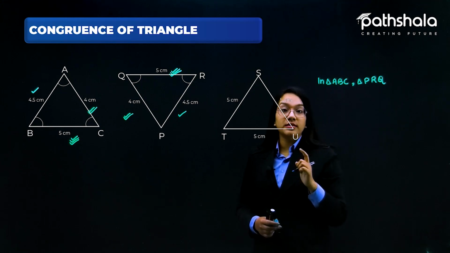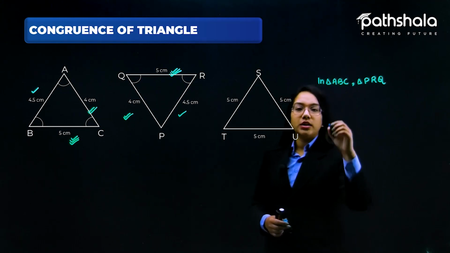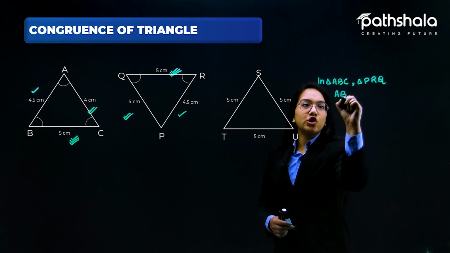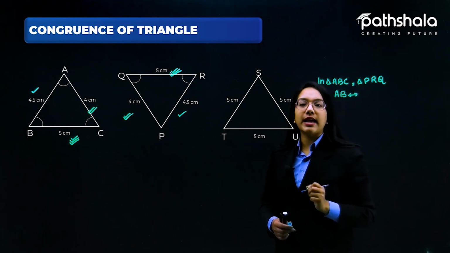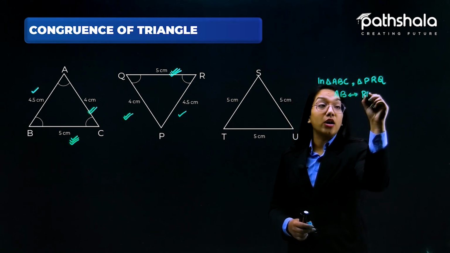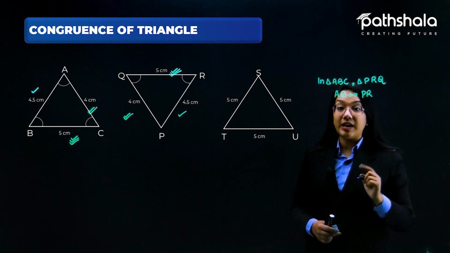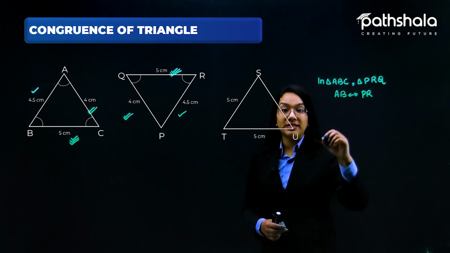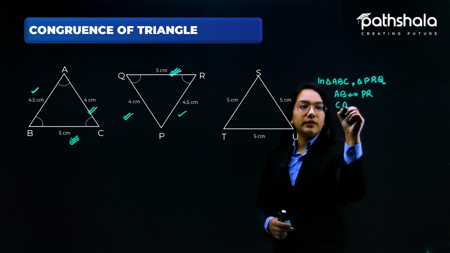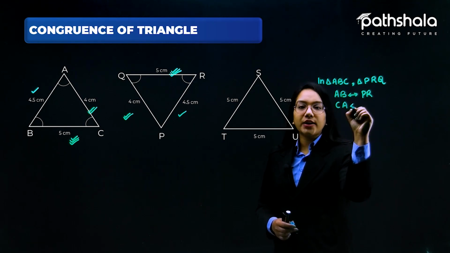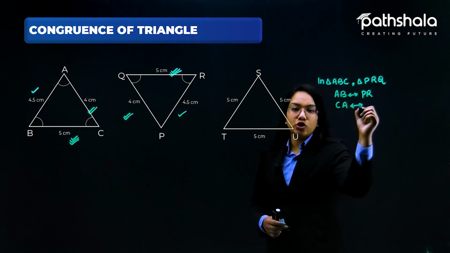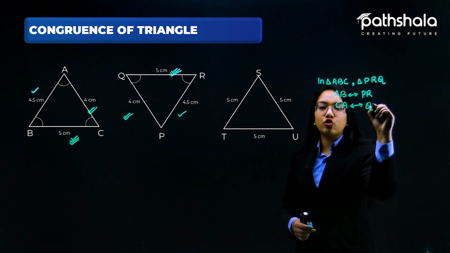First of all, we can see over here that the side AB actually corresponds to the side PR, and furthermore we can see that the side CA actually corresponds to QP.